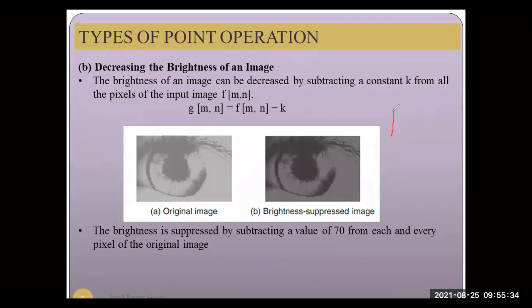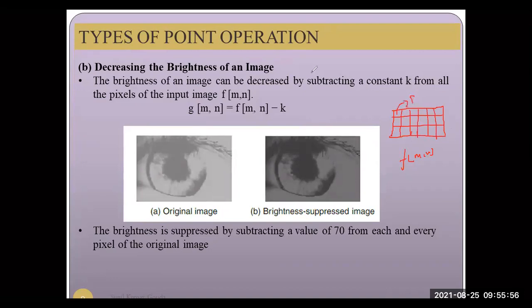Let us take this as my input image f of mn. This input image is represented in digital format, in a matrix format. Each box represents a pixel. Suppose this is p1.